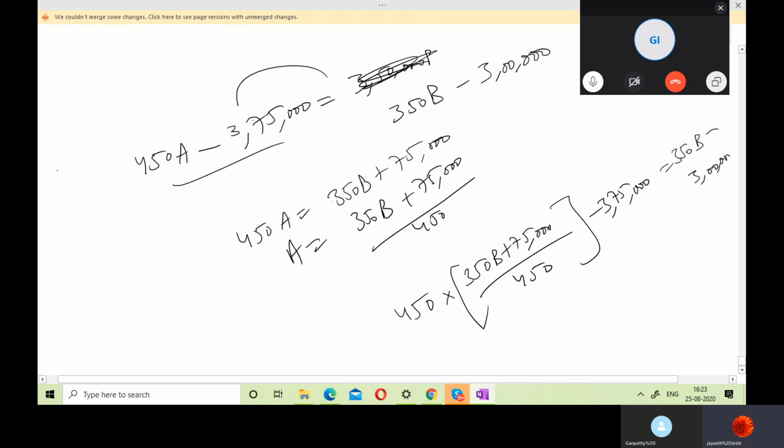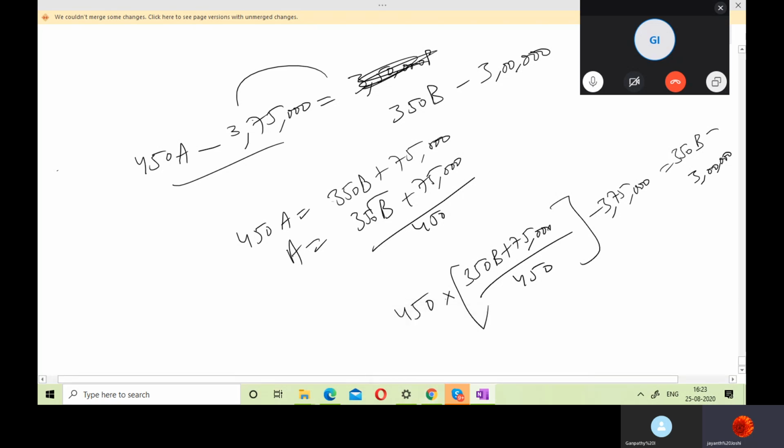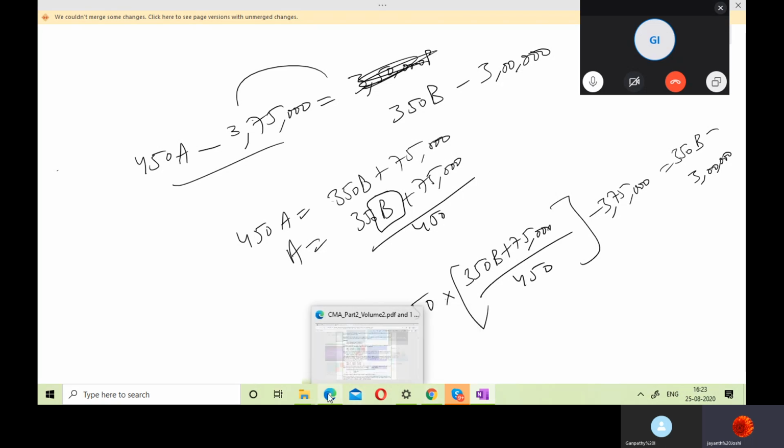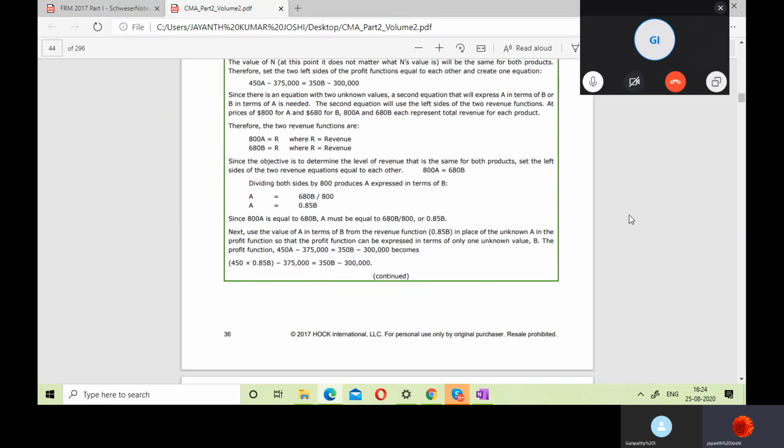You solve these two equations with a calculator, and you can get the B value from this. Then after getting the B value, you put it here and get the A value.